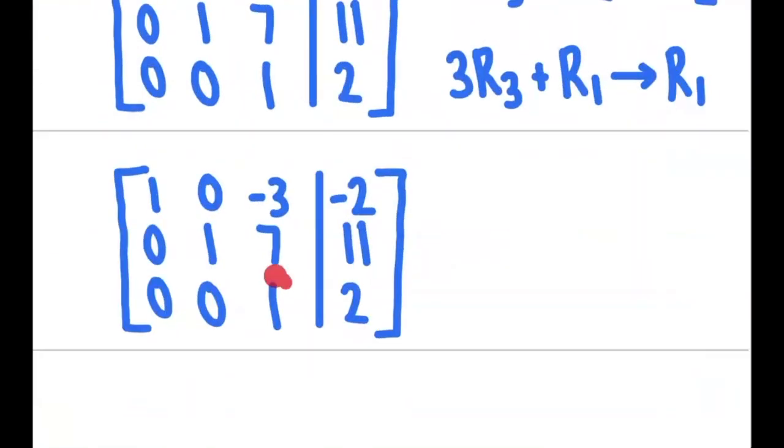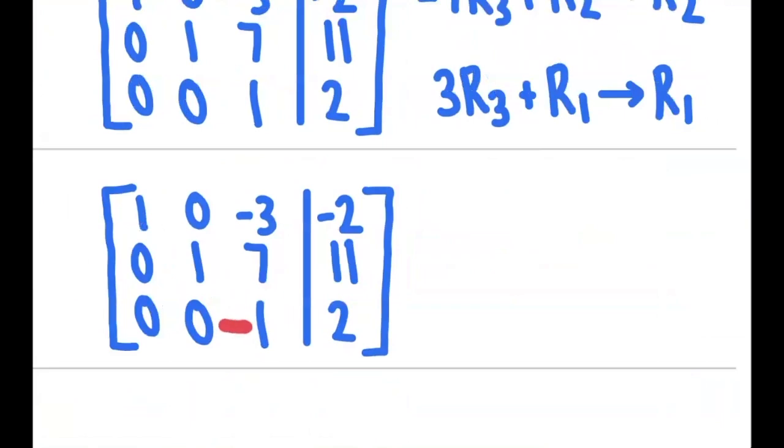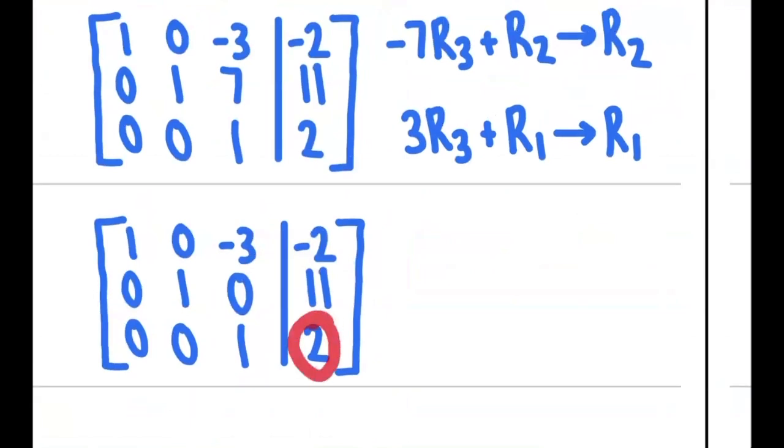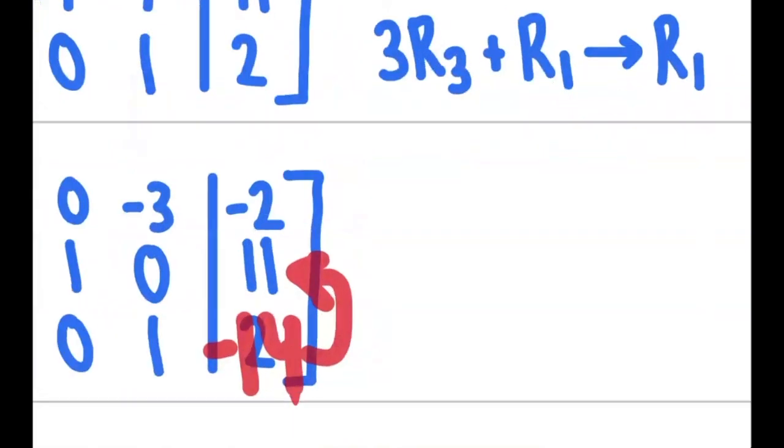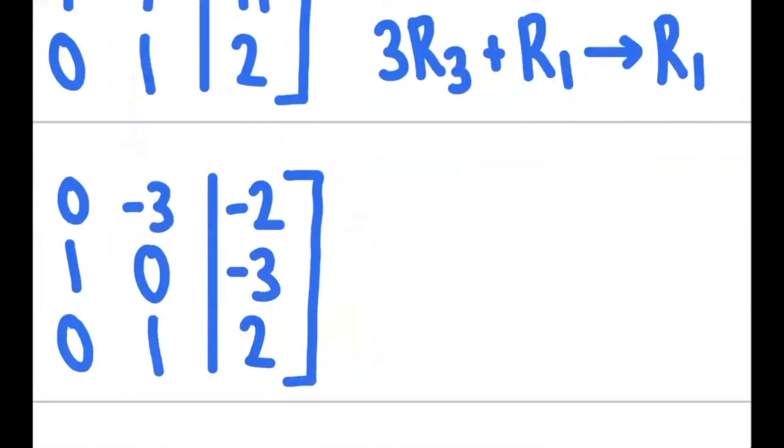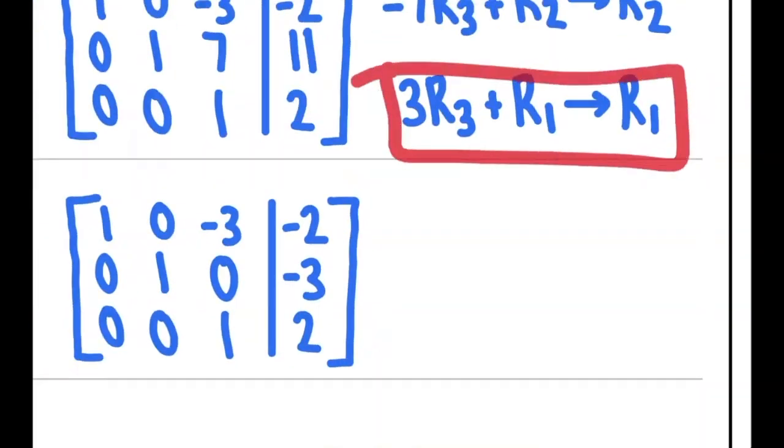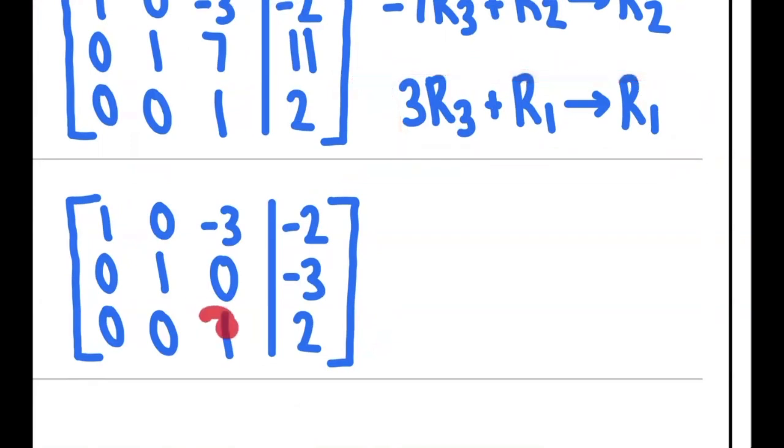All right. 1 times -7 is -7, and -7 plus this 7 right here, that's 0, just like we wanted. 2 times -7 is -14, and then plus this 11, that's -3. And now for this, we're going to do 3 times the 1 is 3, add it to the first row, that's going to become 0. And 3 times this 2 is 6, add it to the first row, that's going to become 4.